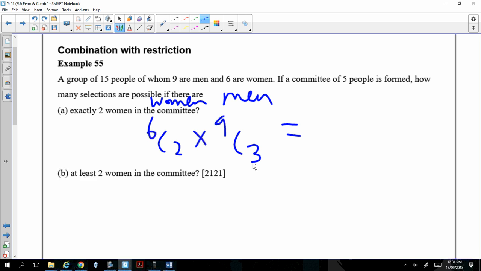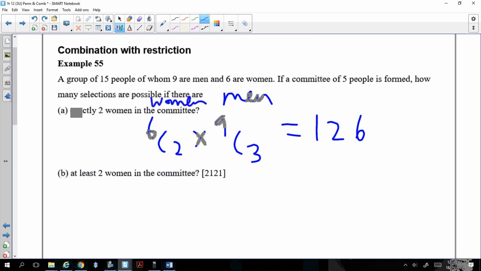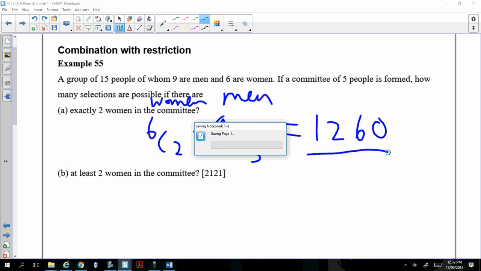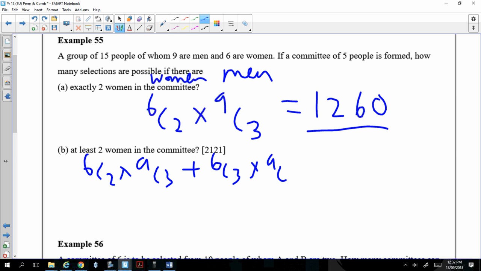Any question? Okay, someone else can tell me, at least 2 women. What would that mean? It could be 2 women or more. So what would you do? So you go 6C2, 2 women, or 3 women, so 2 men or 4 women, and 1 man or 5 women.